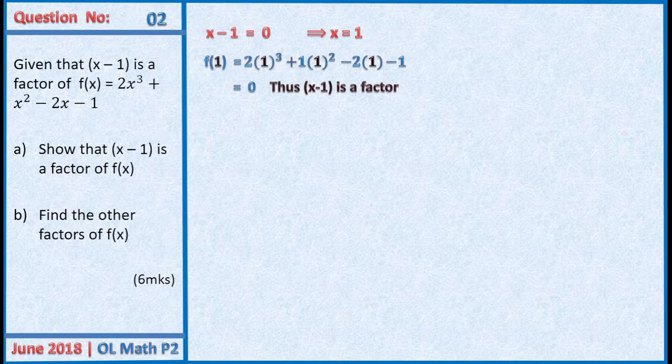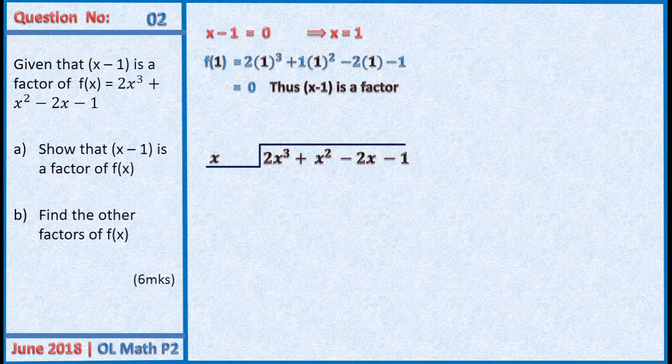Next, find the other factor. To find the other factor, we can use long division. So to get the other factors, since x minus 1 is already a factor, we divide. We'll have 2x cubed divided by x. That will give us 2x squared. 2x squared times x is equal to 2x cubed.